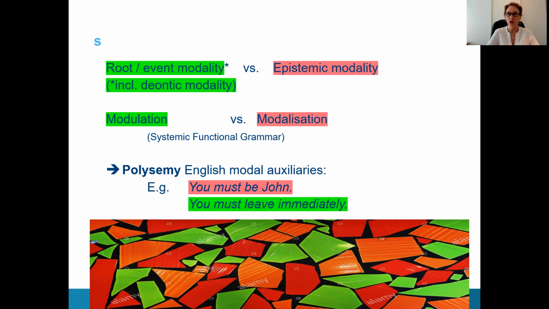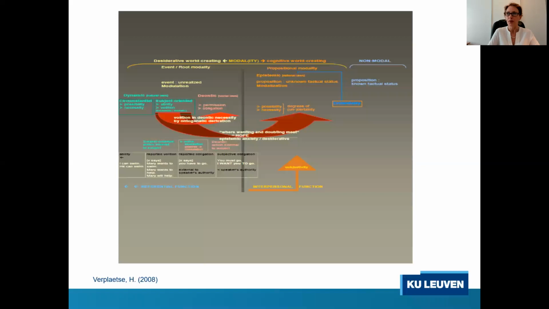For instance, in "you must be John," we have the epistemic modal meaning, but "you must leave immediately" is a deontic event modal meaning. So that's a first level in which these two meanings work together.